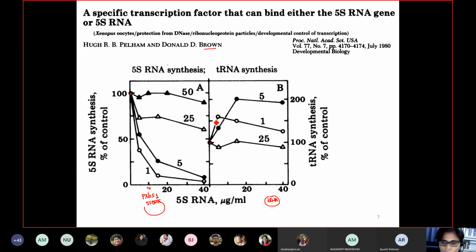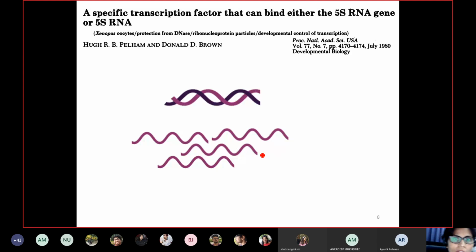And what they presumed from this whole experiment is that if you have 5S DNA, and you have 5S RNA produced, then this 5S RNA and the same 5S DNA compete for binding of the transcription factor.